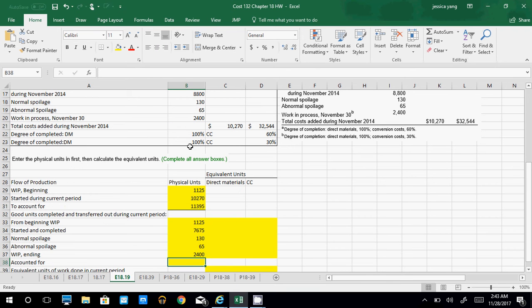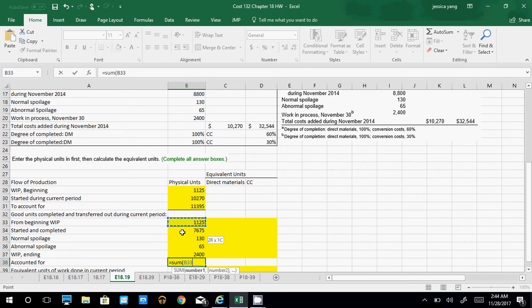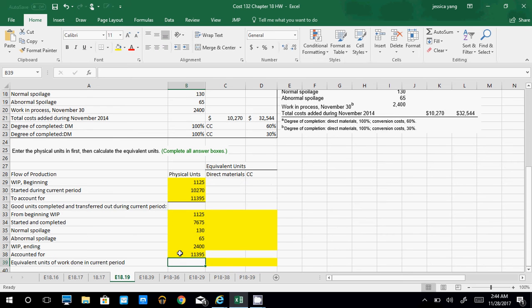Now to find the accounted for, we sum up the beginning work in process of 1,125 units plus the started and completed of 7,675 units plus normal spoilage of 130 units plus abnormal spoilage of 65 units plus work in process ending of 2,400 units to get a total of 11,395 units for the physical units accounted for.